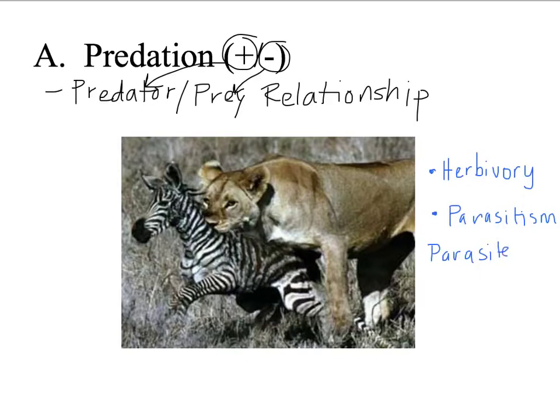Probably the most common one that people think of is like a tapeworm living inside a host, or maybe a flea or a tick living on a mammal. Okay, in this relationship, again, the parasite is benefited, that's the plus, and the host is not benefited or is hurt, that's the minus. Even though the host doesn't die, it still is a negative effect on that host.